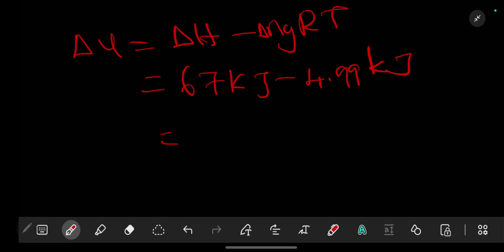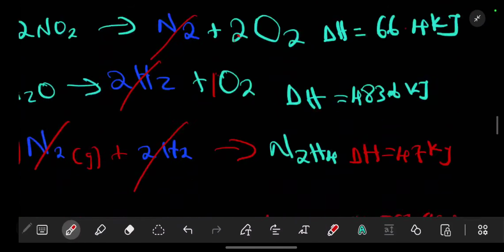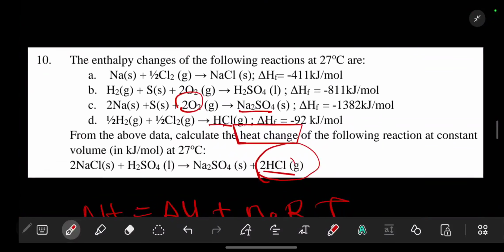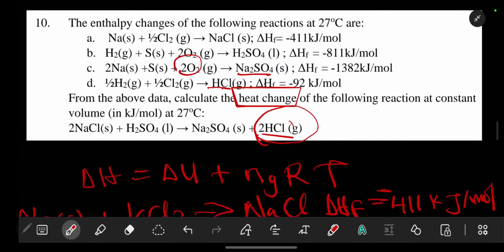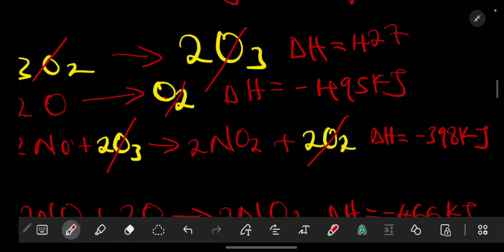This gives us a value of 62.01 kilojoules. So that is the change in the heat according to the question. If they asked for the change in enthalpy, we could have ended there, but we go further because of that.